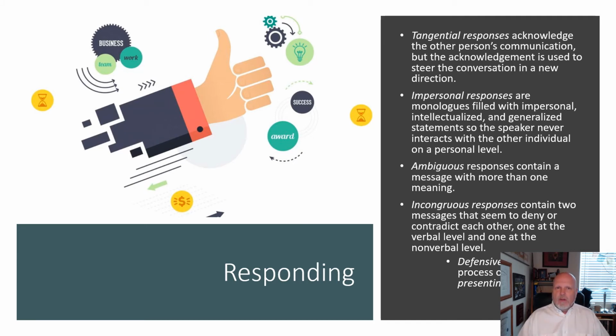But when they say, oh, I see, yeah, whatever, that is ambiguous, because how do you interpret when they say whatever? So it's not only when the meaning doesn't line up, but when the response is not really responding. And responses can contain two or more messages. Those as well can tie you up and confuse the aspect of it.